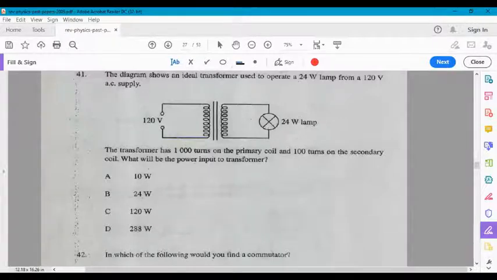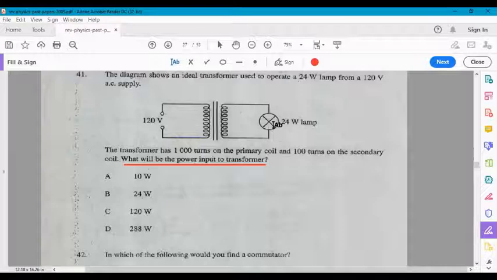Okay, now before you get lost in the numbers, I want you to look at what you're being asked, okay? Power. One of the principles of ideal transformers is that the power remains constant. So the power that goes in is the same power that you get out, okay?